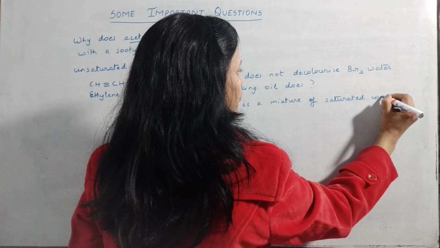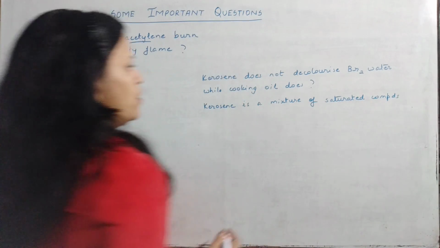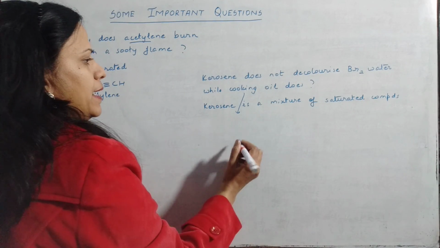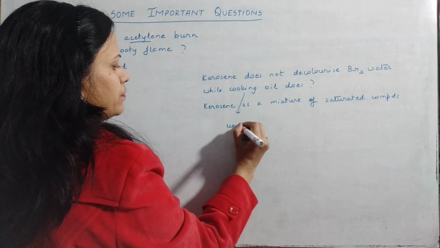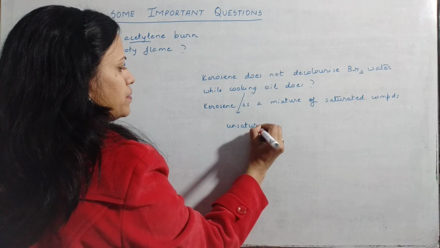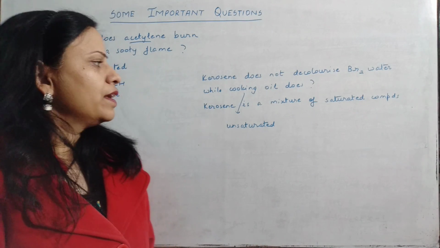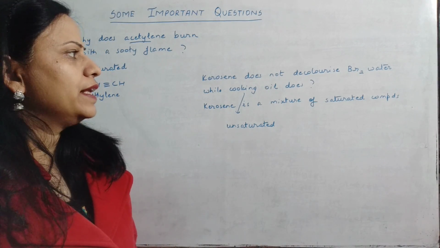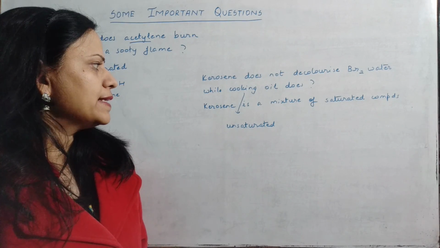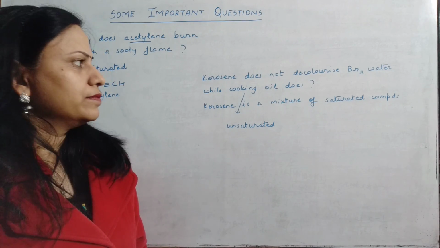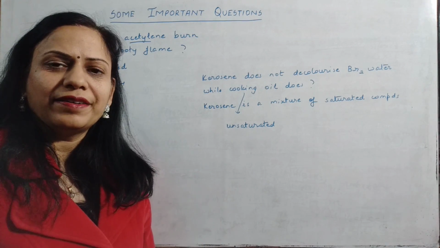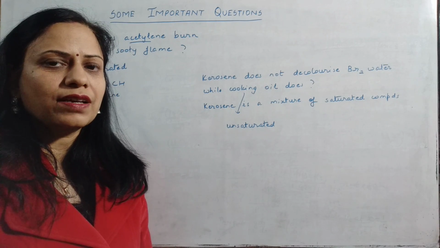Whereas cooking oil is a mixture of unsaturated compounds. That is why kerosene cannot decolorize bromine water, whereas cooking oil can. So I hope these questions are clear to you.